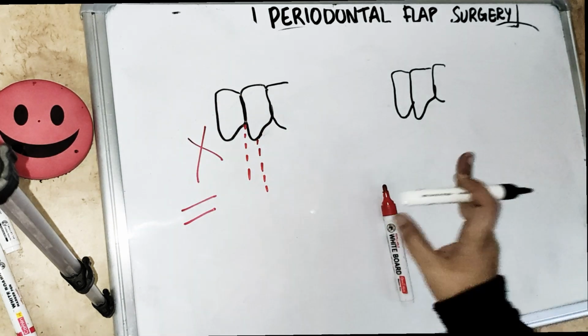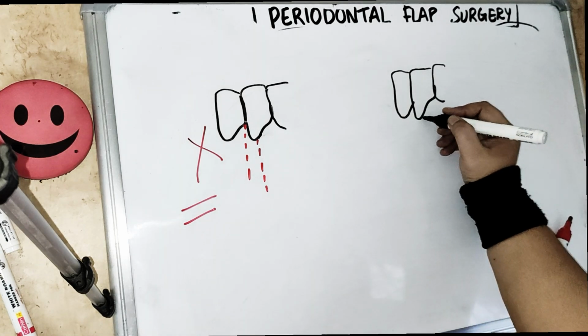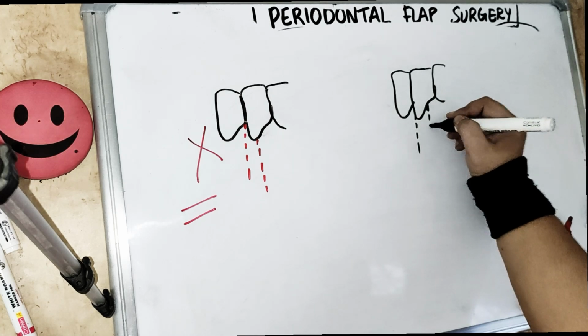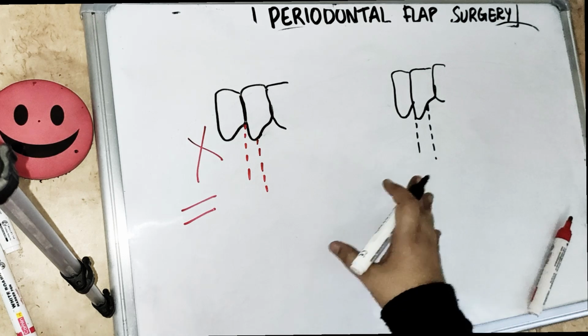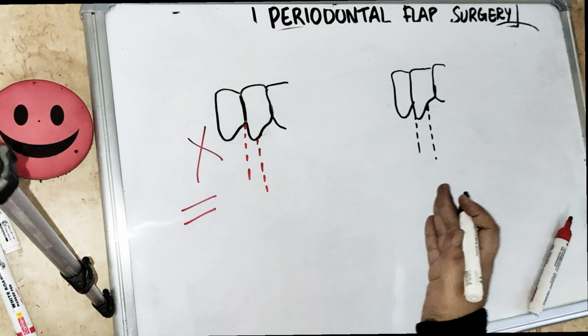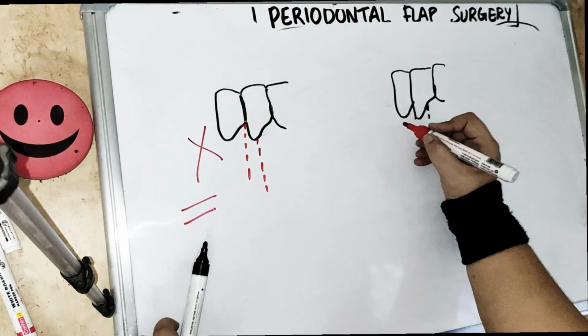So the vertical incisions we prepare at the line angles. Either we make it at this line angle, or at this line angle, in order to prevent the splitting of the papilla. Because see, there is a kind of envelope flap. So an envelope flap is like that.